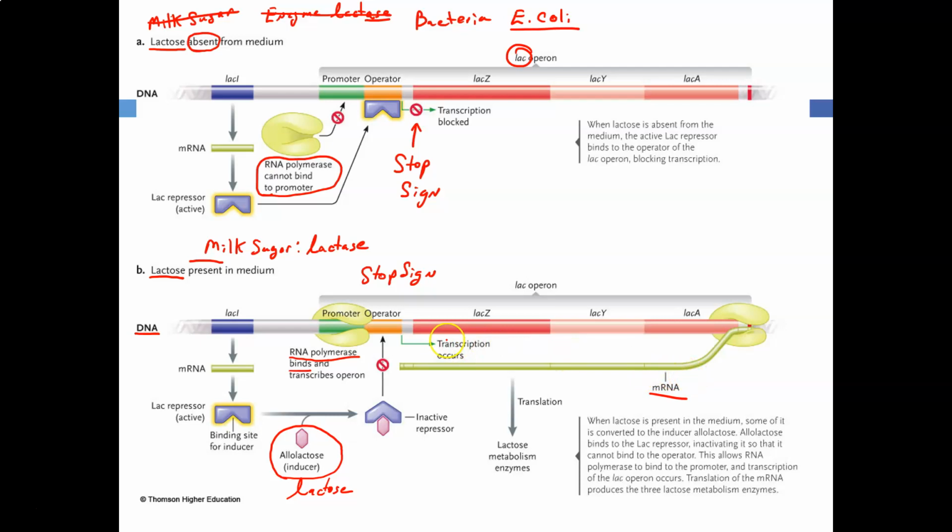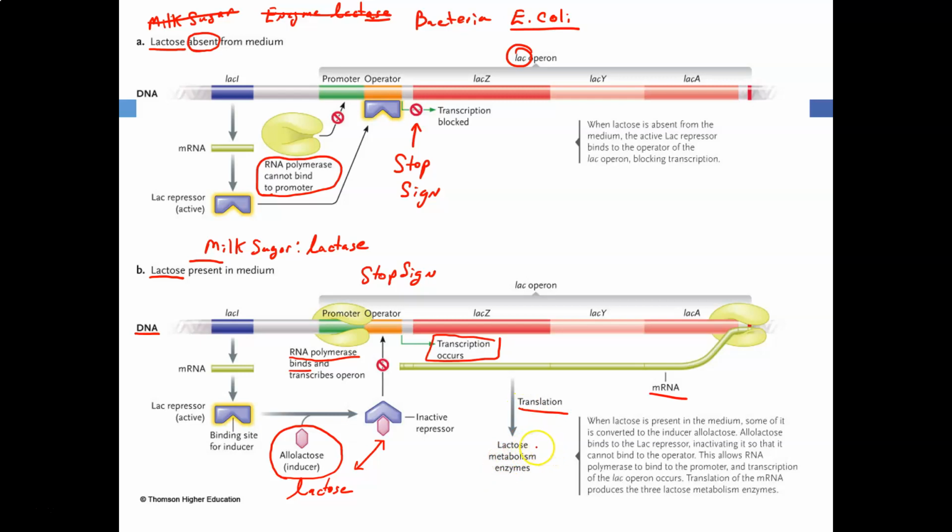And so it's going to allow for transcription to occur, and the reason why is that you have milk sugar present and you need this lactose present. All because the lactose is here. And then eventually, translation will occur.